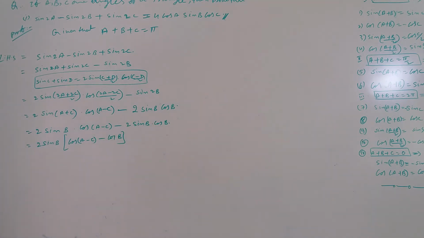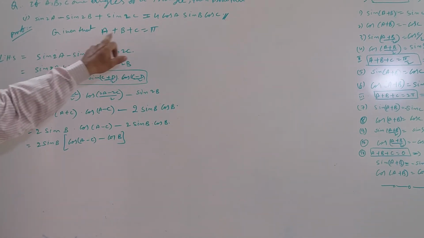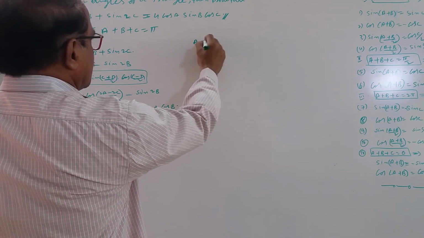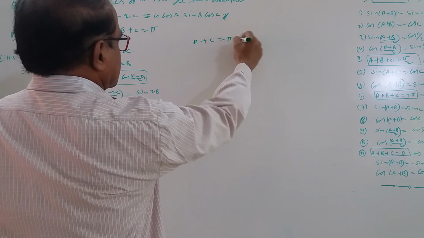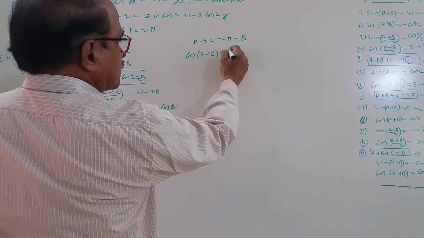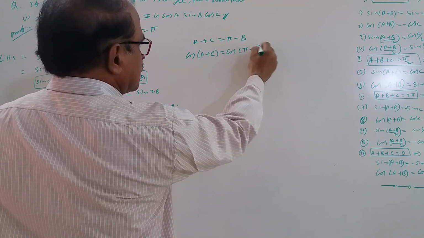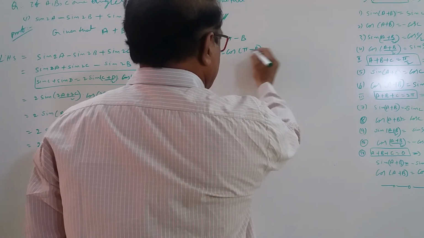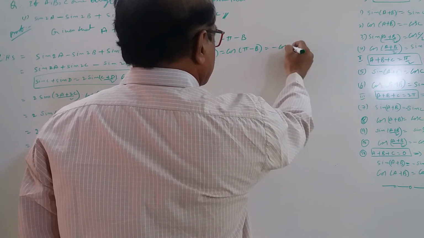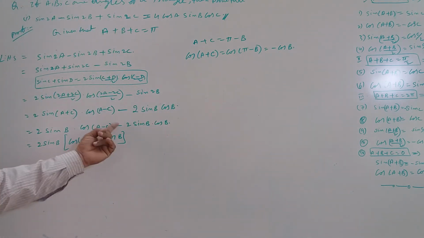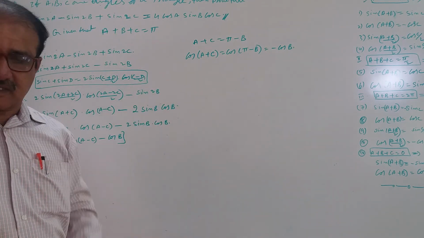Since A plus B plus C is equal to pi, that implies A plus C is equal to pi minus B. By taking cos on both sides, cos(A plus C) is equal to cos(pi minus B). Cos remains as cos at pi and it belongs to the second quadrant, so it becomes minus cos B. So instead of minus cos B, we can write cos(A plus C).